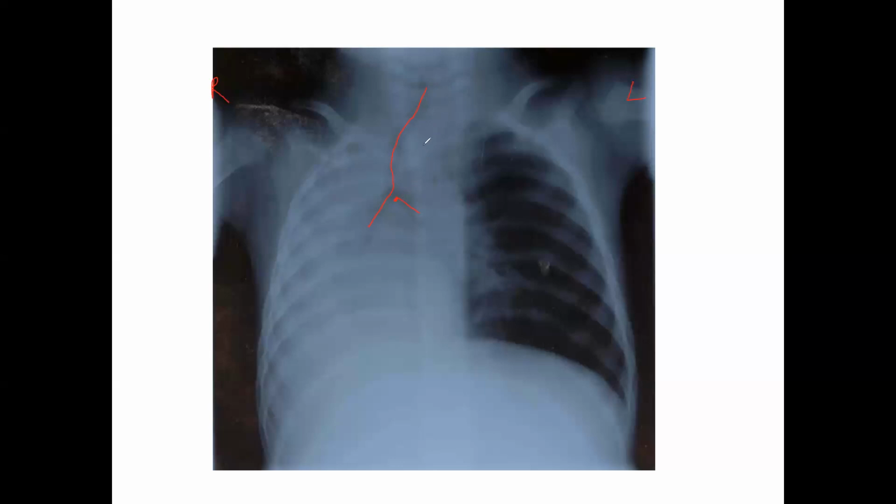Remember from your pathophysiology course, there are diseases that will cause the trachea and the mediastinum to pull toward the affected side, pull toward the pathology, or pull toward the disease. And then there are also instances in which the trachea may be pushed away from the disease, pushed away from the pathology, or pushed away from the affected side.